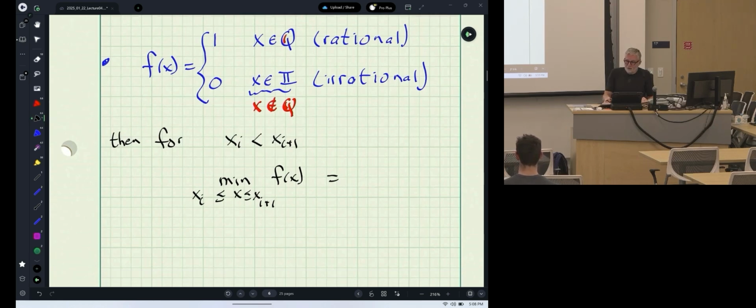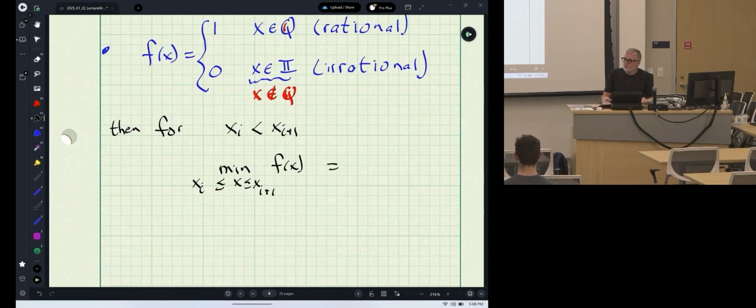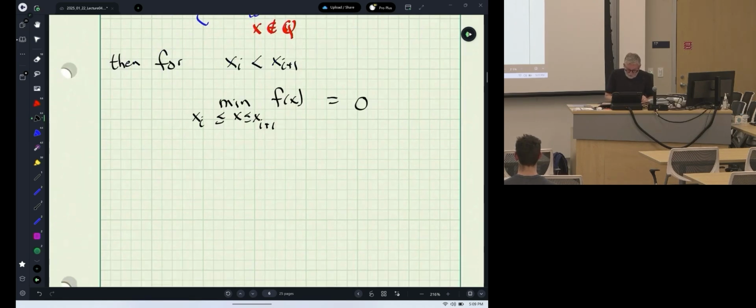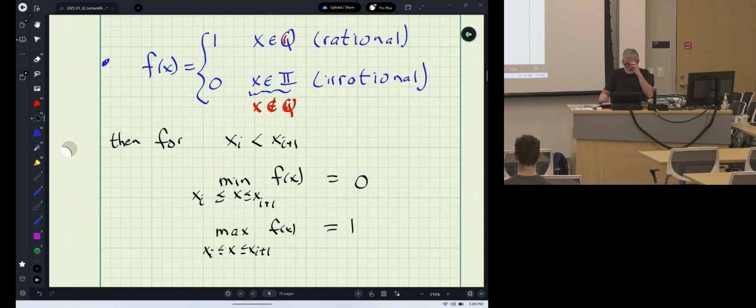So what's the smallest value the function takes on if we were doing the lower bound then? Yep, 0. And the maximum. Okay, so this function is nice in the sense that max and mins, they all exist, etc. Everything is nicely behaved.